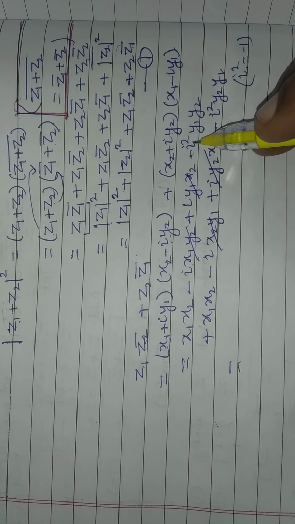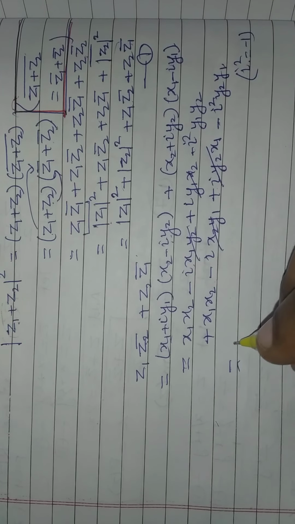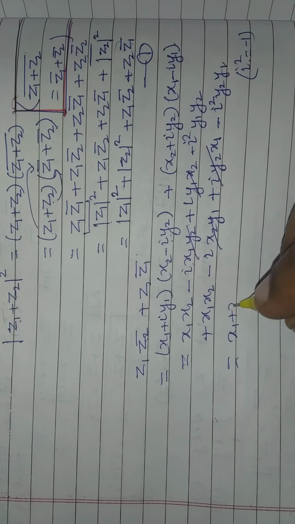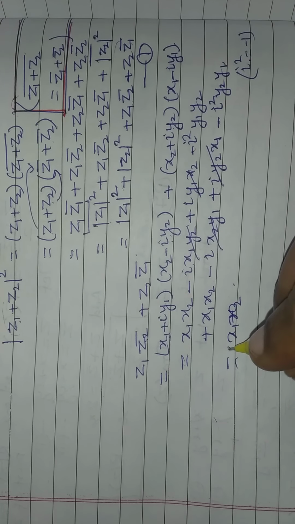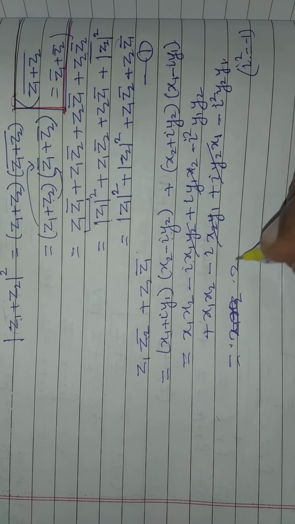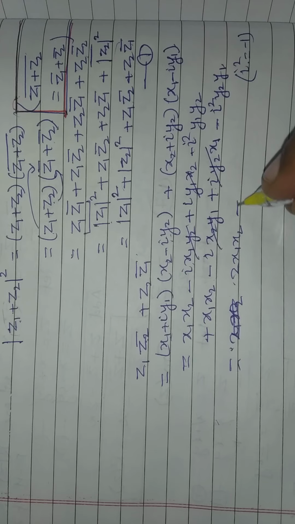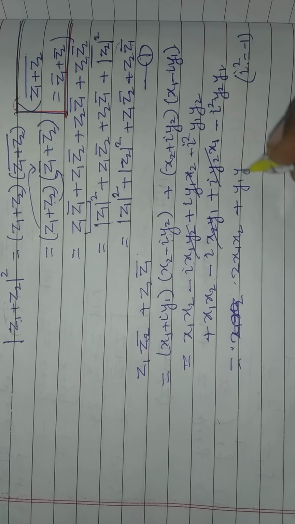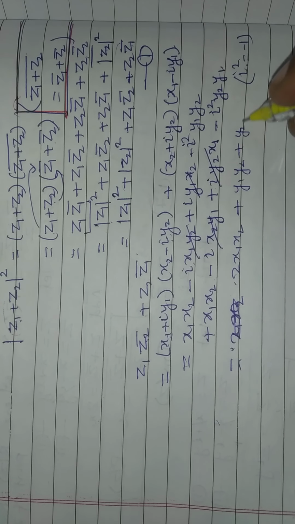In place of i square we put minus 1, so x1 x2 and again x1 x2, so it is 2 x1 x2, plus y1 y2 and y2 y1.